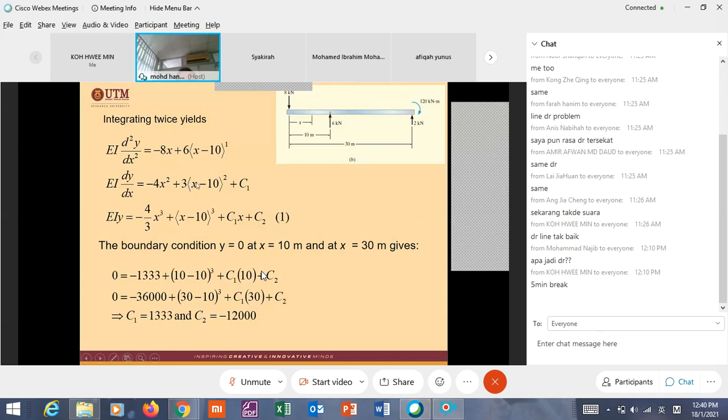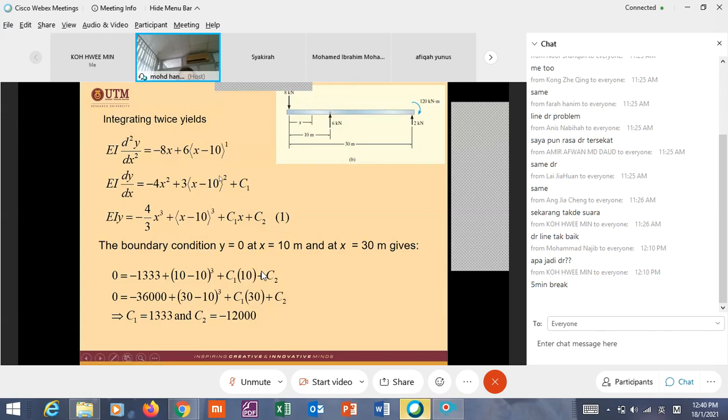Now here, again I repeat, don't separate this one or bring this x out from the bracket. Keep it here. And now you just integrate this bracket as one variable.